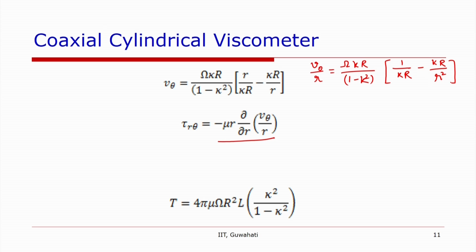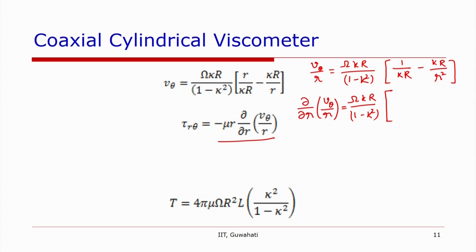Now if we want to differentiate it, then del over del r of v theta over r is equal to omega kappa R over 1 minus kappa squared.